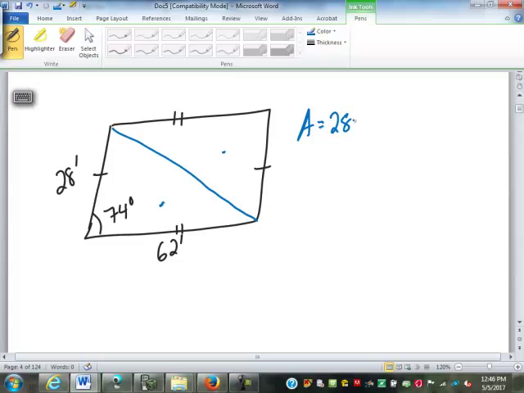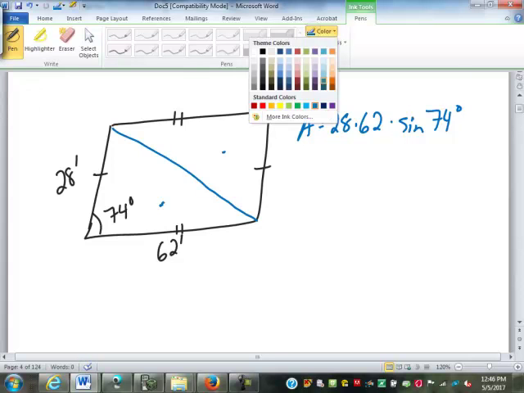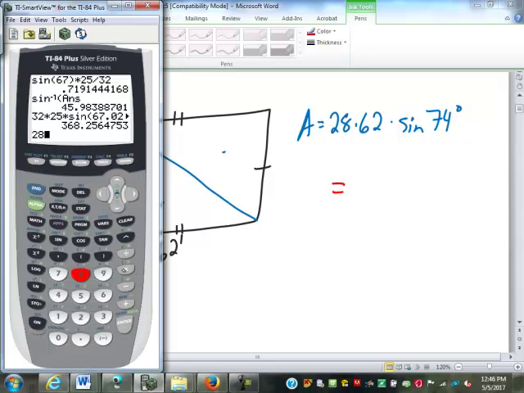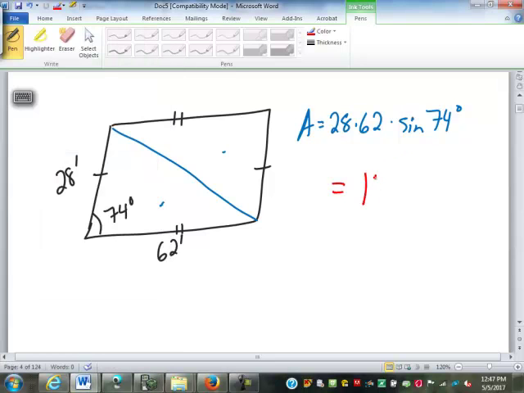So it'll be 28 times 62 times the sine of 74 degrees. That's $1668.75. Those are in feet, so this is in square feet.